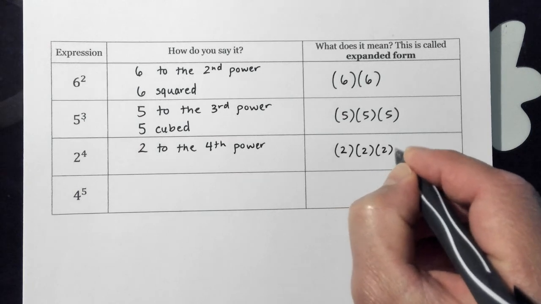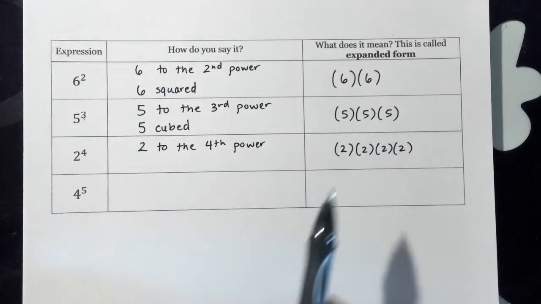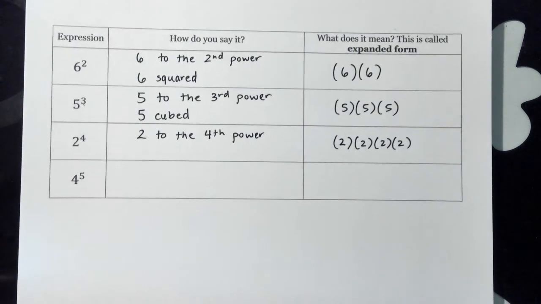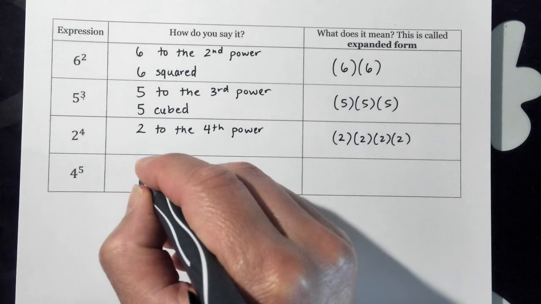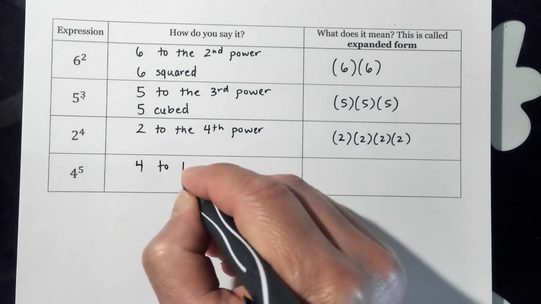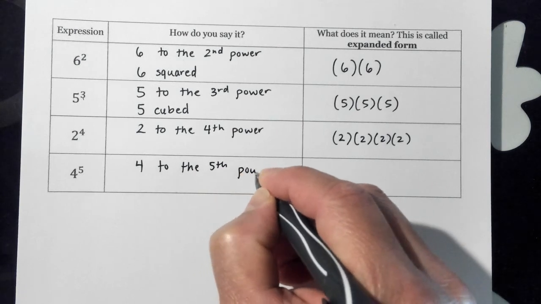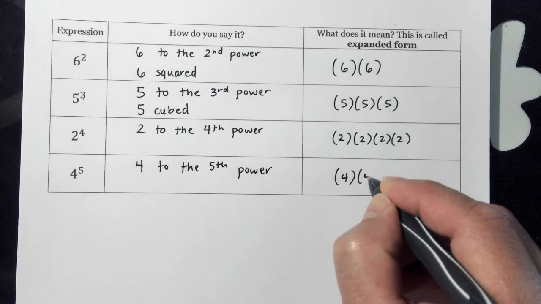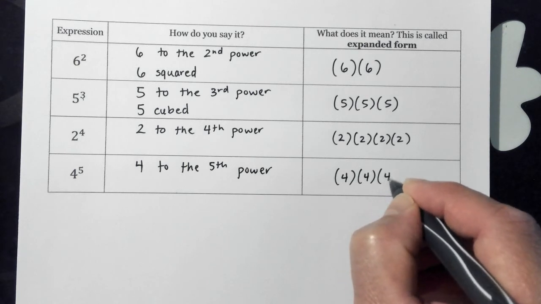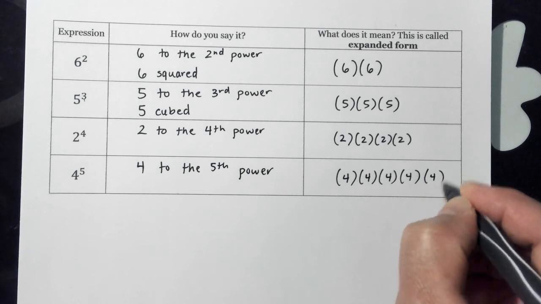So I need to see 4 factors of 2. I need 4 sets of parentheses, and I'll talk more about that in a minute. This is 4 to the fifth power: 4 times 4 times 4 times 4 times 4.